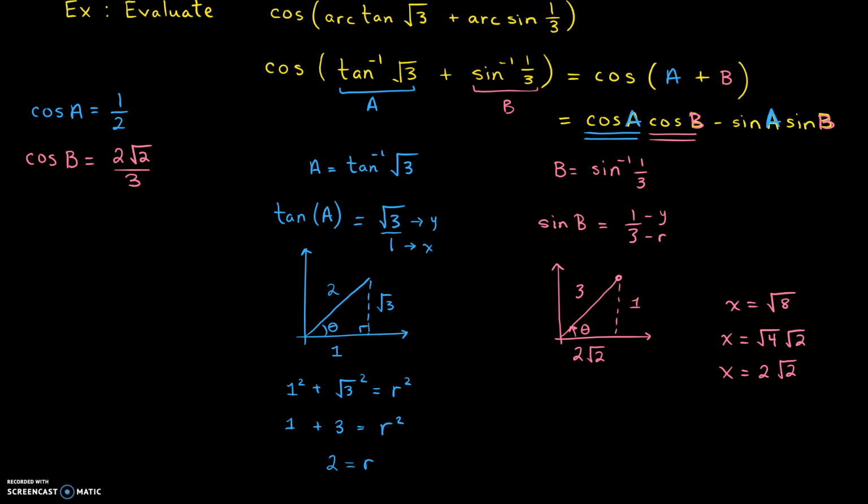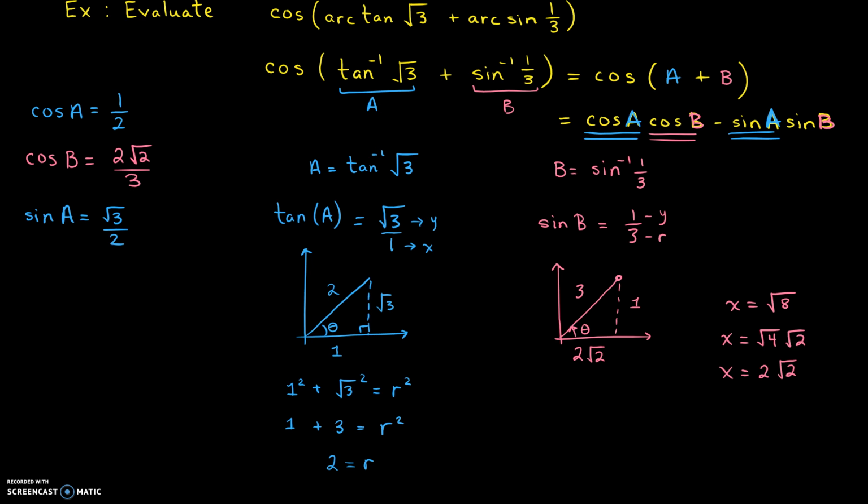And then again, if we move on to sine of A, we're talking about this blue triangle over here. And so sine would be the y over the r. So sine of A would be the y. That's going to be the square root of 3 over 2.